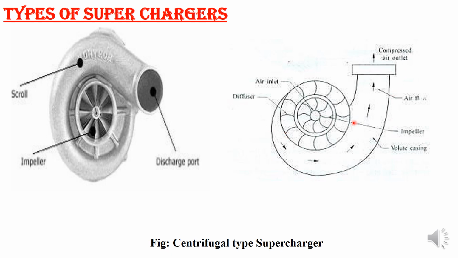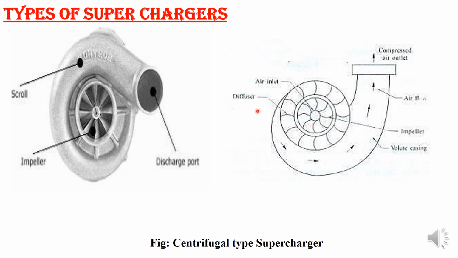The diffuser gives the direction for this air, and then the compressed air goes inside. This centrifugal compressor runs at very high speed, approximately 10,000 to 15,000 rpm for a low speed engine, and 15,000 to 30,000 rpm for a high speed engine.